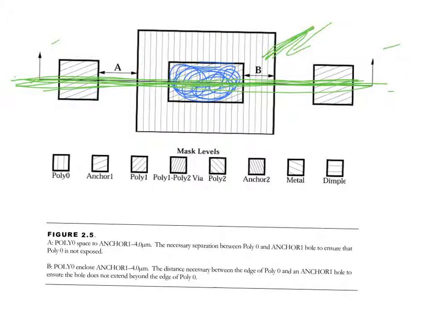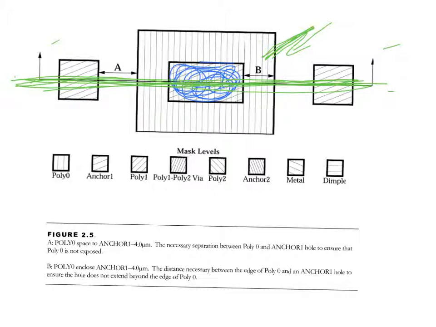So B, okay, says poly enclose anchor 1. So poly 0, that's this structure, okay, poly 0, has to enclose anchor 1 by at least B. So you don't want to make your anchor closer than 4 microns to any of the poly 0 edges if you're anchoring to poly 0.